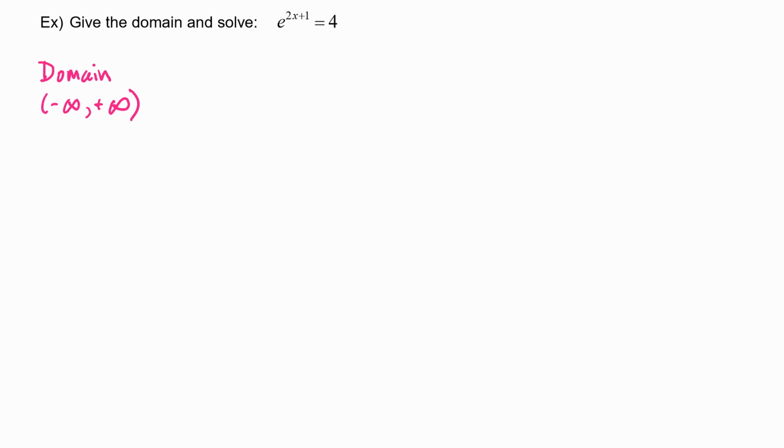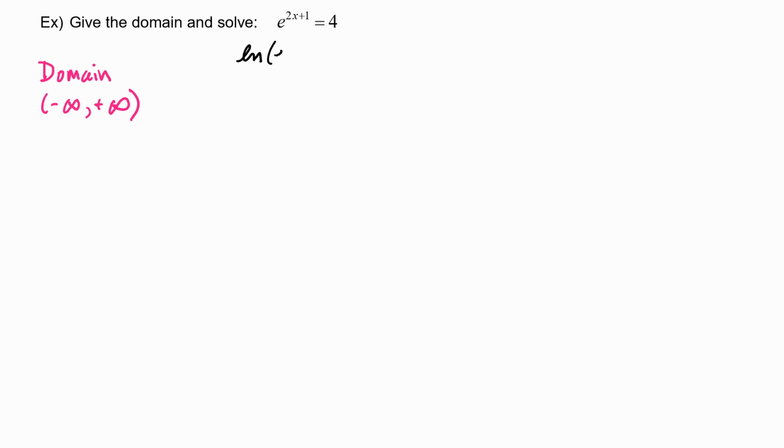Now, to solve this, we want to get at that 2x plus 1 that's up in the exponent here. So we have to undo the exponential function. And the way that we undo the exponential function is to take the natural log of both sides.